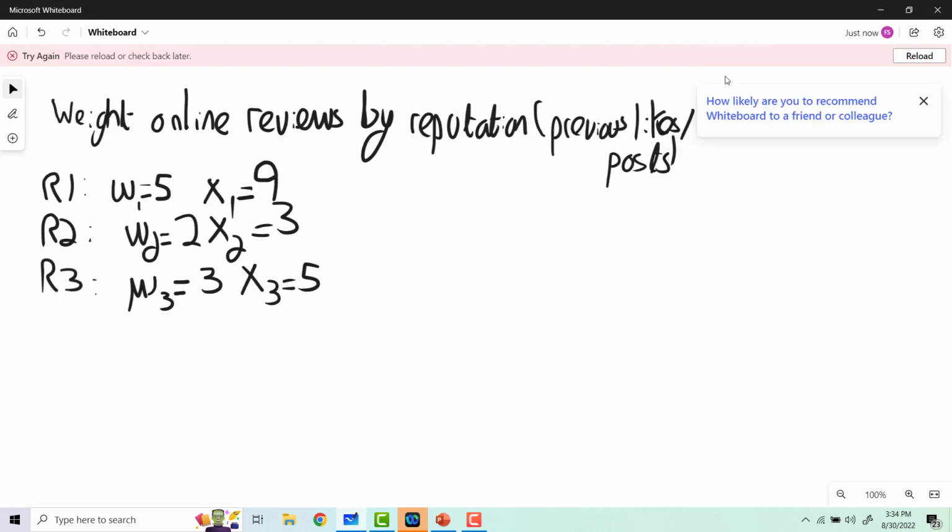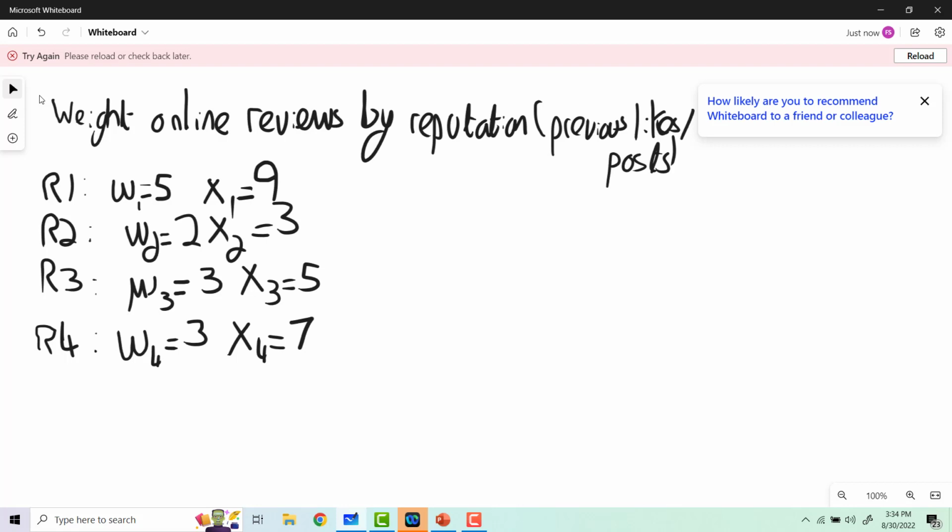I should make this bigger while I'm here. And reviewer 4 has a weight of 3 and x4 is 7. So you see of these reviewers, reviewer 1 is highly regarded and reviewer 2 is less highly regarded and reviewer 3 in the middle. And these are the scores.